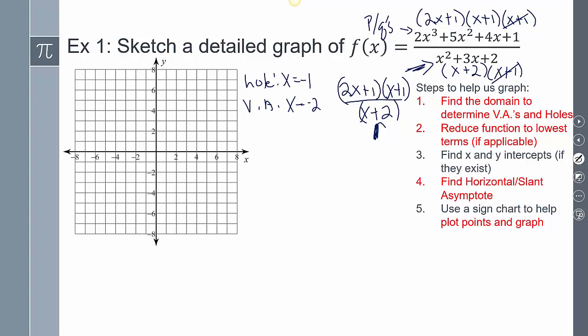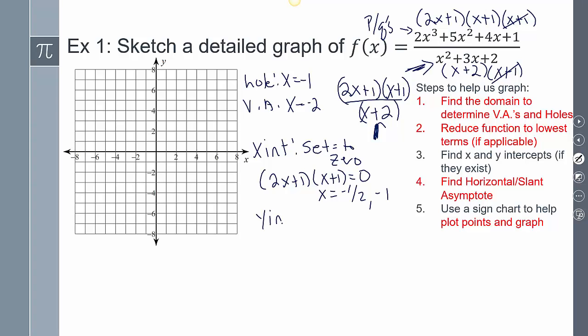Now I can find a few other pieces of information like the x and y intercepts. To find my x-intercepts, remember you set the function equal to 0. If I set the numerator equal to 0, I have 2x plus 1 and x plus 1, and x is going to give me -1/2 and -1.